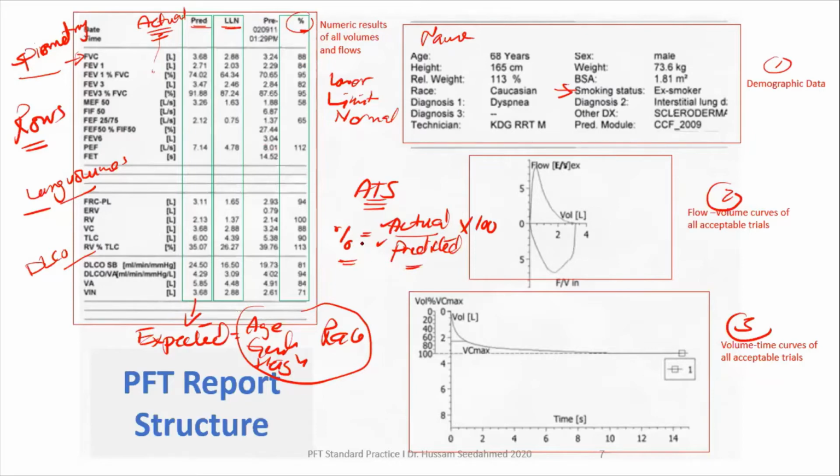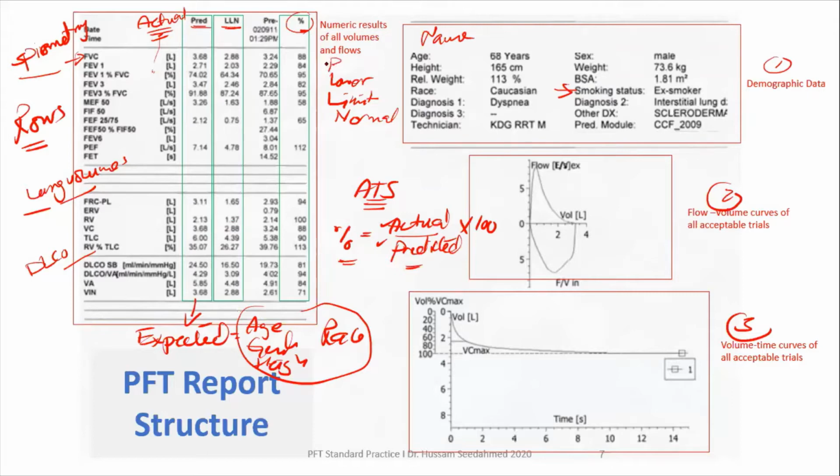You can see any patient with an age, according to his gender and according to his height, it gives you a number. This is the predicted. When I divide the actual of my patient by the predicted times 100, that gives me the percent predicted.